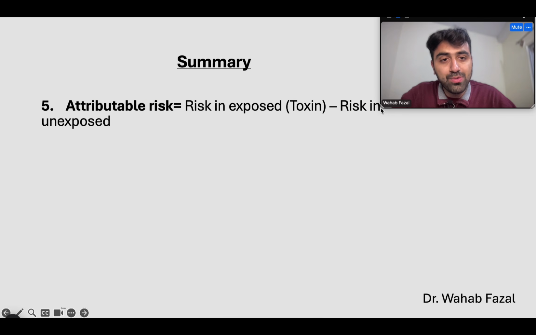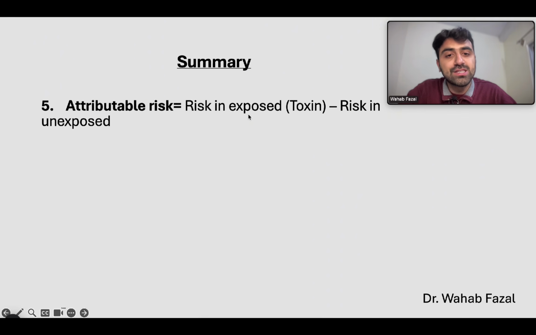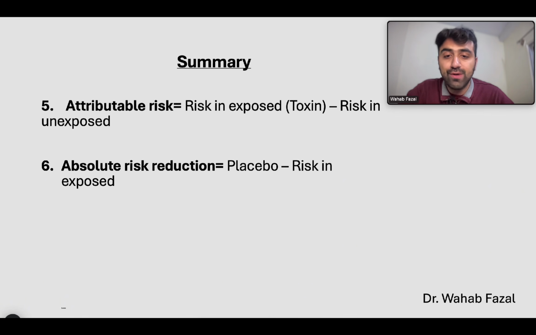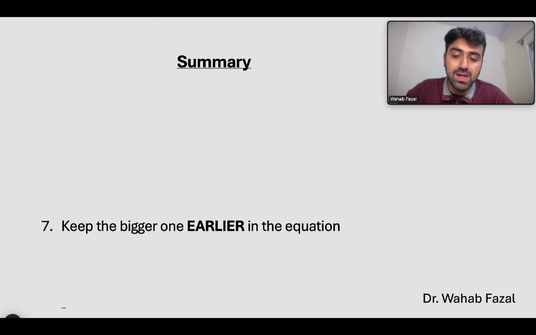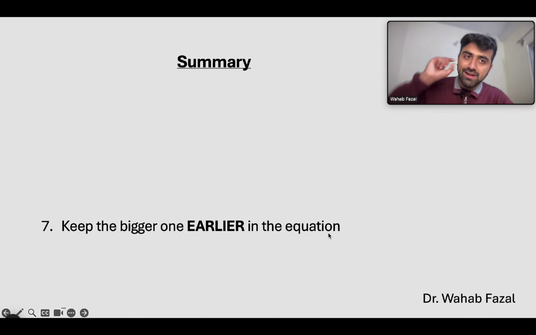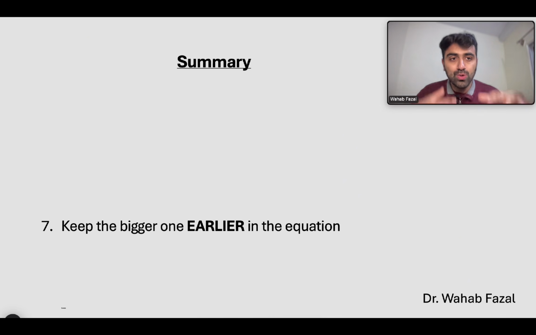Attributable risk is the risk in exposed minus the risk in unexposed, or the absolute risk reduction is placebo minus the risk in exposed. Or you could forget both of these formulas and just keep the bigger one earlier in the equation. If the intervention is a medication, or something that helps reduce the risk of developing the outcome, that's an absolute risk reduction.